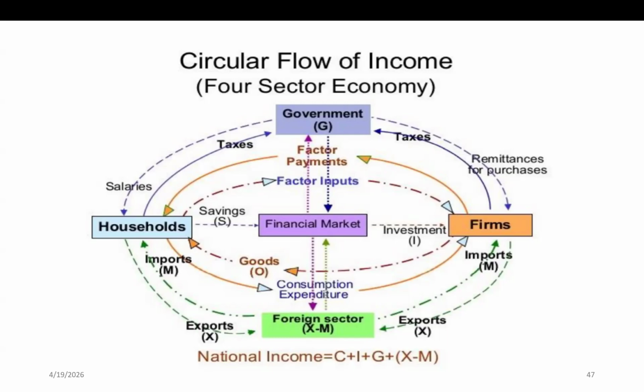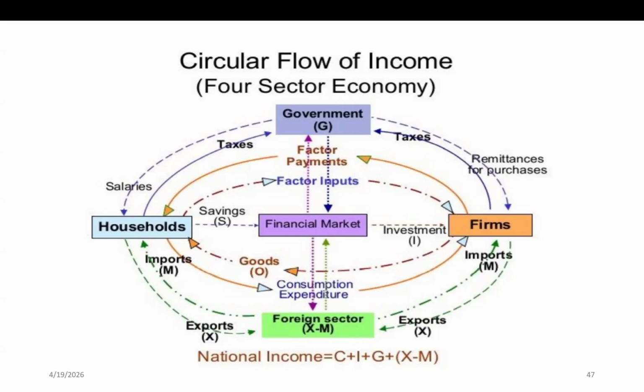Right, so if I explain from the start, you can see that the households are providing factors of production to the business firms, and the business firms are providing factor income to the households, that is a nominal flow.